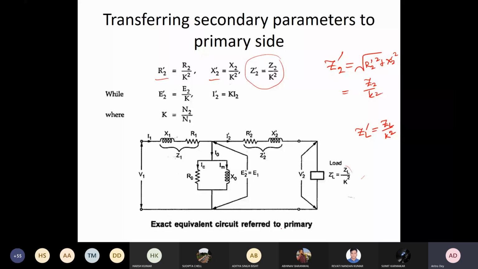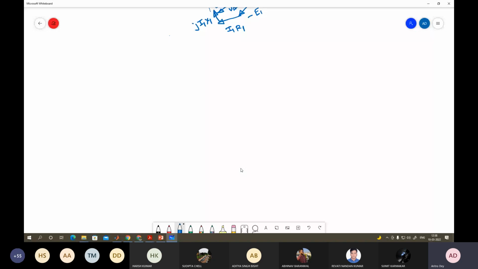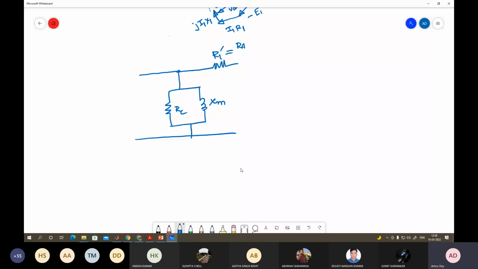So same thing if you want to do on the other side, then your diagram will change. Let me draw it. So your diagram will change and it will look like this. And this R1 will be R1 dash, which is R1 into k square, just the other way around.